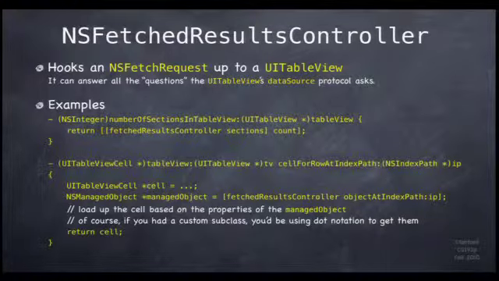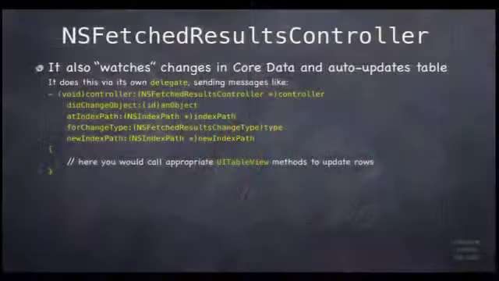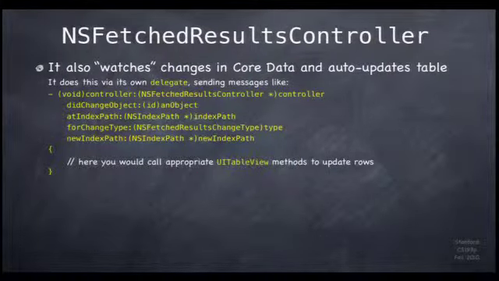And then for cellForRowAt indexPath, you just have this magic method in fetched results controller called object at indexPath, you give it the index path, and it'll give you the NSManagedObject that's in that section at that row. So there's almost no work for you to do. In fact, if you go to the NSFetchedResultsController documentation, at the beginning is a whole bunch of code that you literally can just copy and paste into your table view that does all this. It's a bit like this code that you see here, where it answers all the questions. That's a little bit annoying, so I've done that for you for this assignment, and I'll show you that in a second.